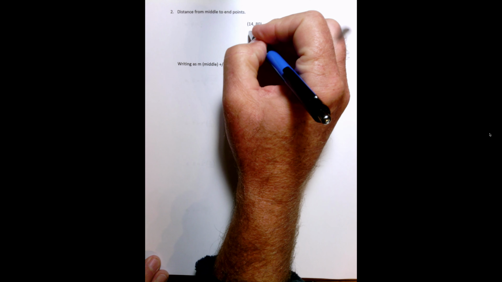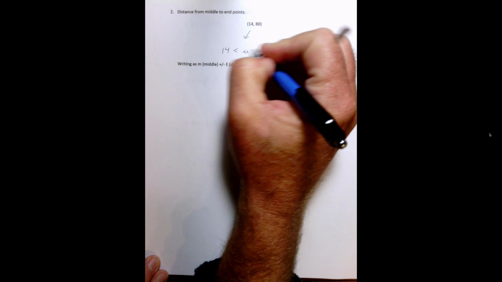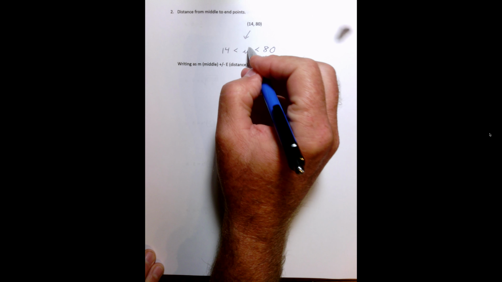So now we want to switch to distance when preparing to learn confidence intervals, and be able to find the distance from the middle to the endpoints. So the first thing I've got to realize is I can write this in a form that's going to be seen quite a bit for confidence intervals, because the purpose of a confidence interval is to estimate an unknown parameter.